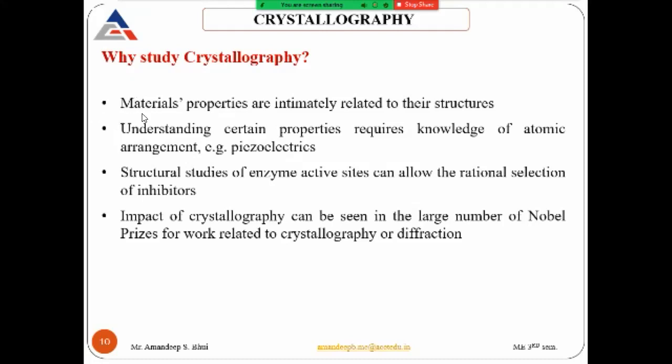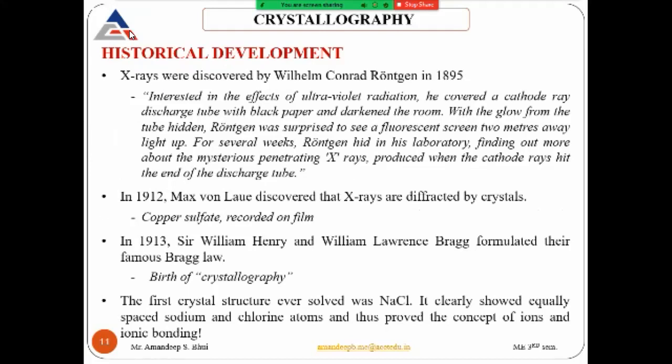The impact of crystallography can be seen because there are a lot of Nobel prizes. Many scientists are getting Nobel prizes in the field of crystallography and diffraction. So this study of crystallography is important. Now, if we go into the historical development of crystallography, this person, Wilhelm Conrad Röntgen, in 1895, discovered X-rays.